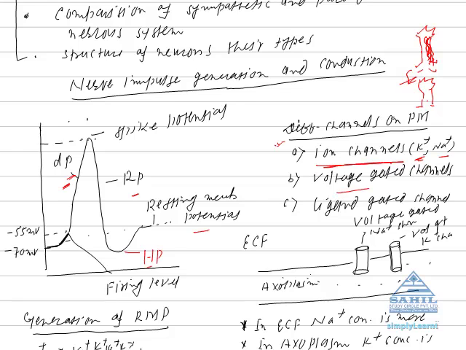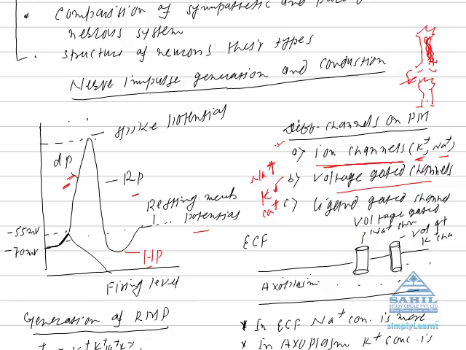Another is the voltage gated channel, for sodium, potassium, and calcium. These channels normally remain closed and open when a certain voltage difference is generated.